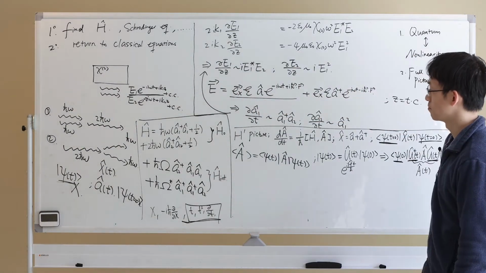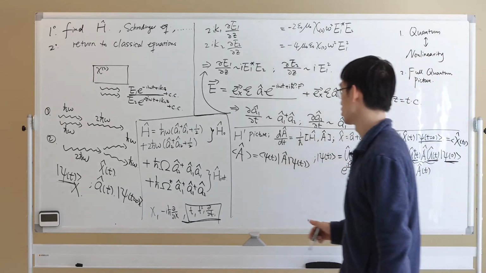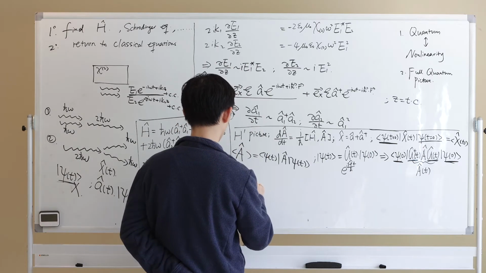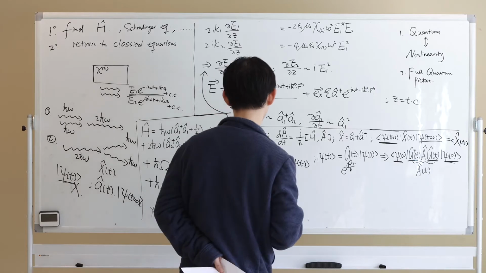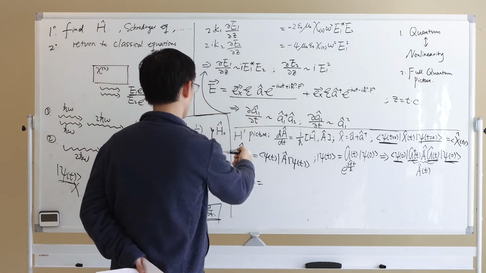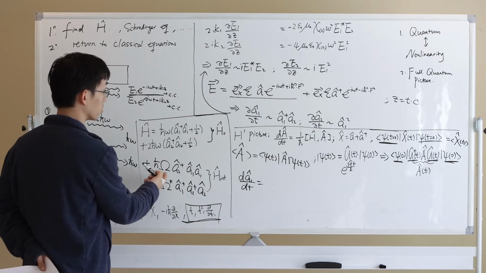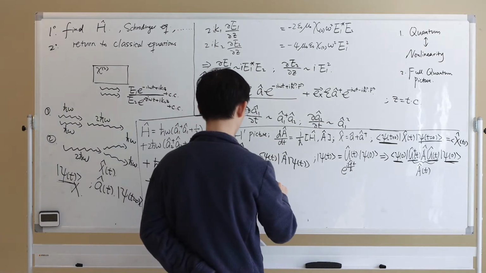Now let's take a look here. If we use this equation, let's write it down as dA1 dt equals I divided by h bar. There's a constant here, I divided by h bar, so the h cancel each other and you have omega here.